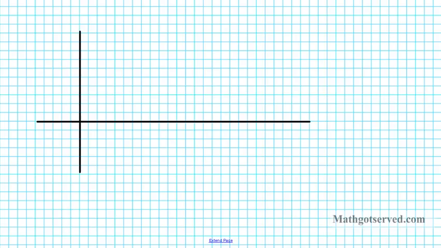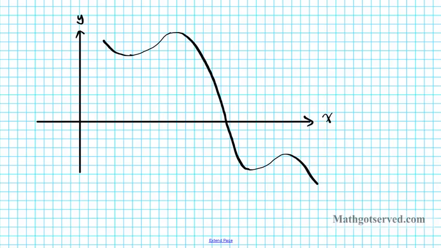Let's say there goes our coordinate system. This is the y-axis, and there's the x-axis. And let's say we have a curve that looks like this. It curves up, and then down, curves a little bit, and it goes like that.